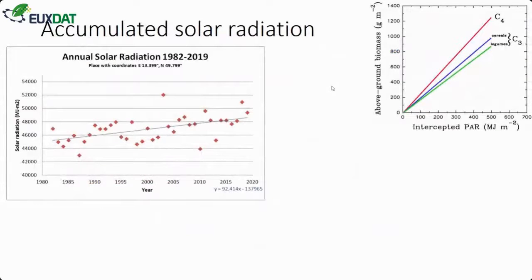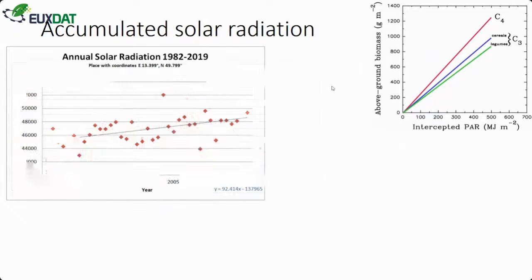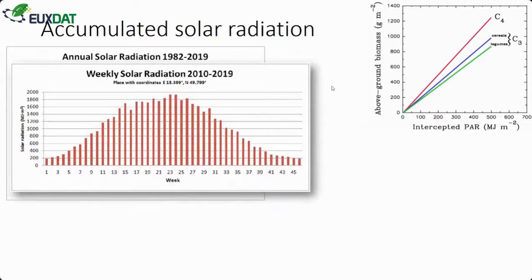Accumulated solar radiation, again, it's a bit different than temperature, but still you need to understand how much you can get in the area of interest, and if it's enough for your plant.